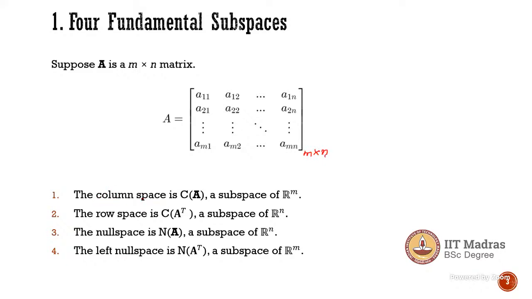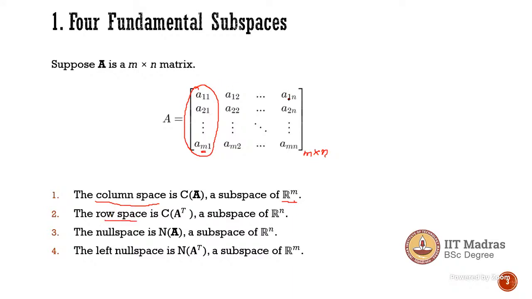The column space corresponds to the linear combinations of all the column vectors in your matrix. If you consider each column in this matrix, this column has m elements. So that's why the column space is an m-dimensional subspace, that is Rm. Next is the row space.